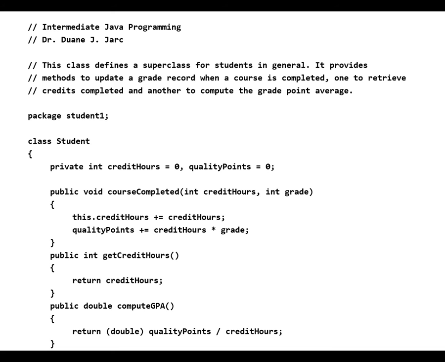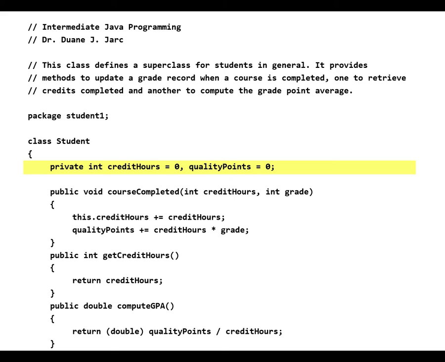We begin by examining the code in the superclass Student. This class is intended to maintain the grade record for a student, so it contains two instance variables, one for the number of credit hours earned and a second for quality points, which contains the value computed as the product of the credit hours for a course and the numeric value of the grade earned in that course.